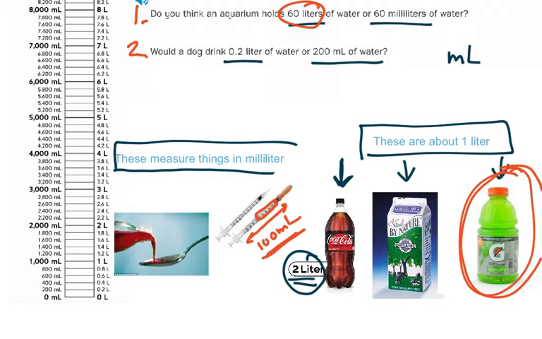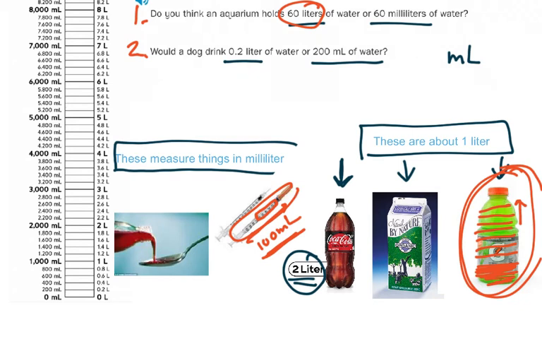Number 2, would a dog drink 2/10 of a liter? If you think of this being in 10 equal parts, 2, 3, 4, 5, 6, 7, 8, 9. Now, obviously, they are not equal parts because as you go up the bottle gets narrower. But do you think a dog would drink that much or 200 of these?